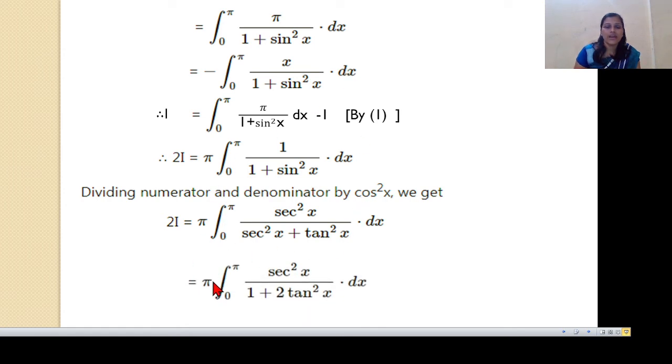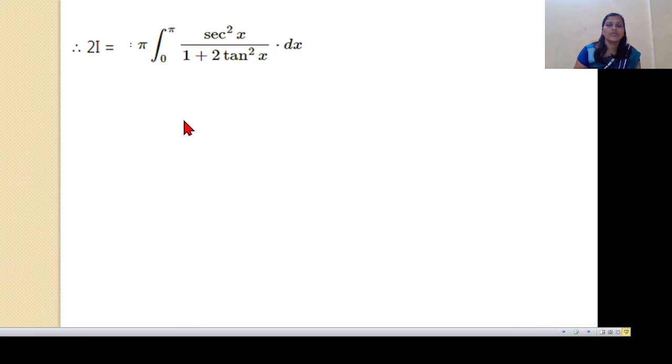So pi as it is, and instead of sec square x plus tan square x, you are using one of the identities. Then by using that identity, you get this term in the denominator, so you have this value remaining.